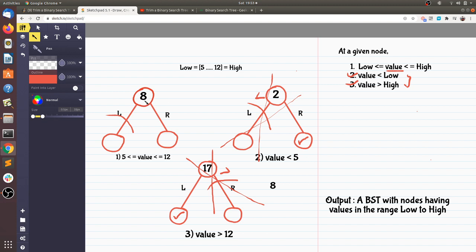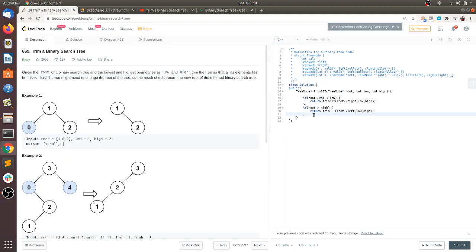So for example 8, it lies between 5 and 12. So in that case what we must do is we must consider it. We should not trim it. It should be a part of the answer, right? So we won't be trimming it and we will recurse further to both the left and right part, including the node under consideration. So it simply means to recurse further, right?